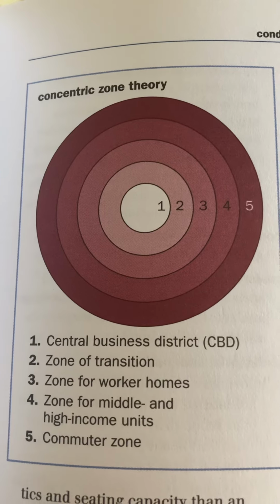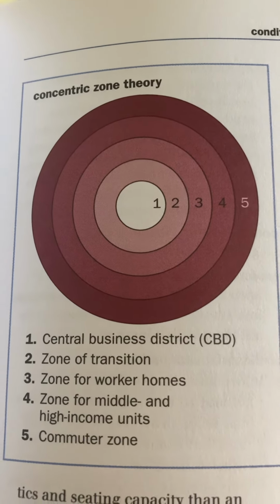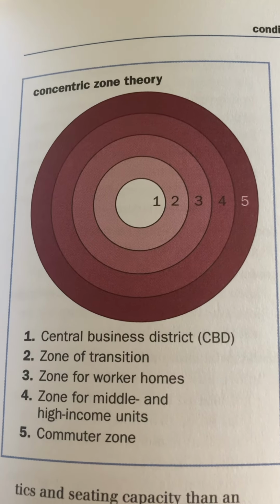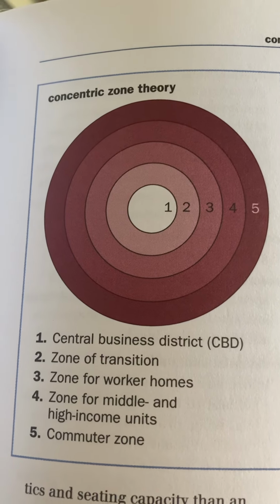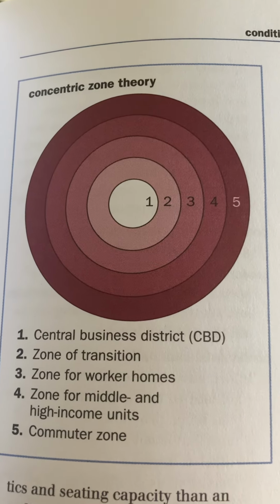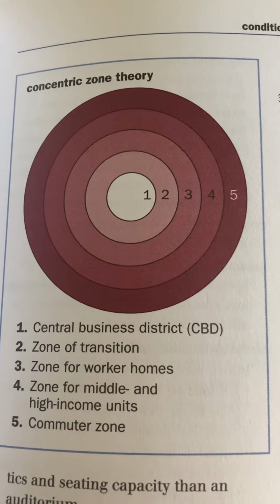Surrounding that in circle number 3 is the zone for worker homes. Surrounding number 3 is number 4, and that is the zone for middle and high income units. And then lastly, surrounding number 4, number 5 is a commuter zone.